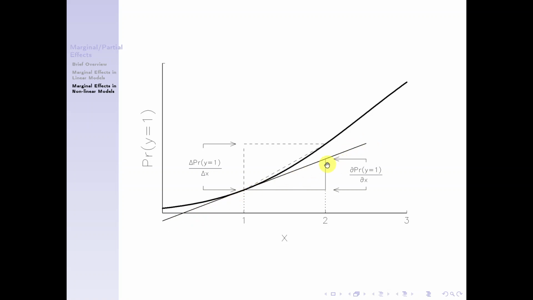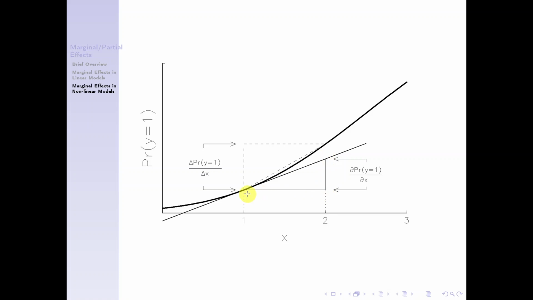So we can take a ratio of the vertical distance here over the horizontal distance here in x. And that should be pretty close to, right? That should be pretty close to the marginal effect. Or that is equivalent of marginal effect. Okay? That is equal to the marginal effect.